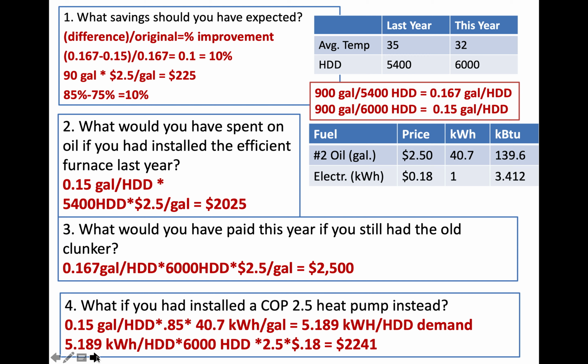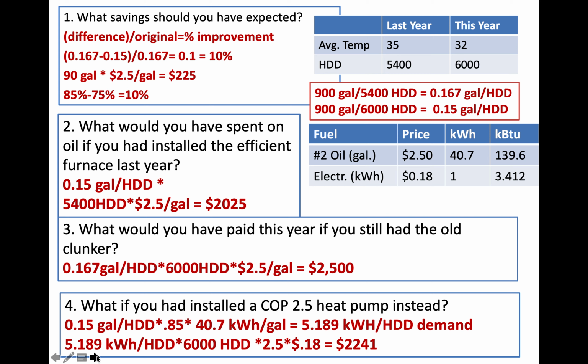So now we can take that and we can say, well, we need to supply that, but with the efficiency of the new heat pump. So we have 5.189 kilowatt hours per heating degree day. We take our most recent heating degree days, which is 6,000 heating degree days, times the efficiency of the heat pump, which is 2.5, times the cost for a kilowatt hour of electricity, which is 18 cents.